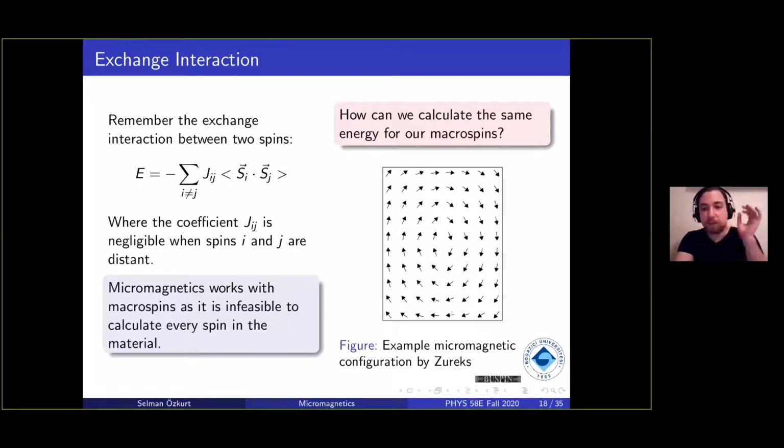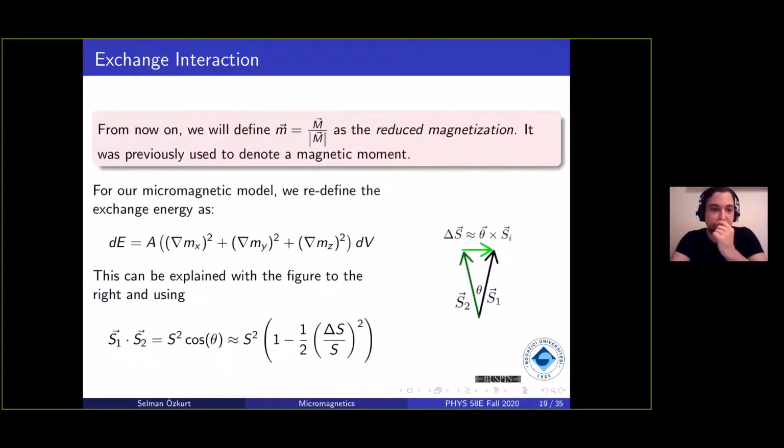For that, we develop a really clever model and write the energy of the exchange interaction in terms of derivatives of the magnetization in space. And from now on, as a side note, we will use a more standard notation, which denotes M, which we used for magnetic moments until now, as reduced magnetization.